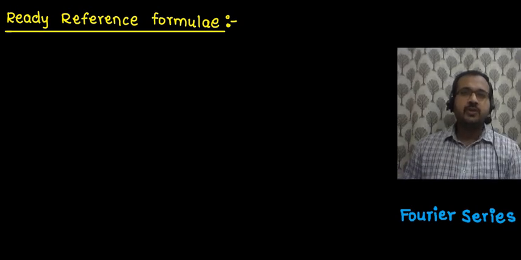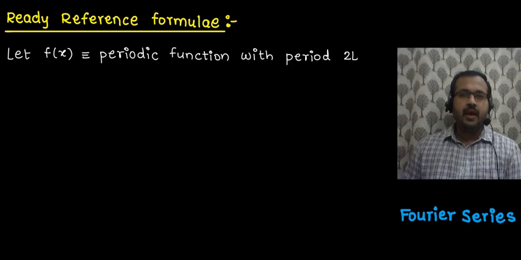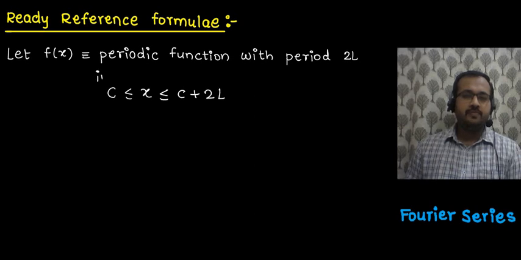So we start with the general case. We consider f of x to be a periodic function with period 2L, and f of x is defined in the interval c to c plus 2L, or we can represent it as x belongs to the interval c to c plus 2L.